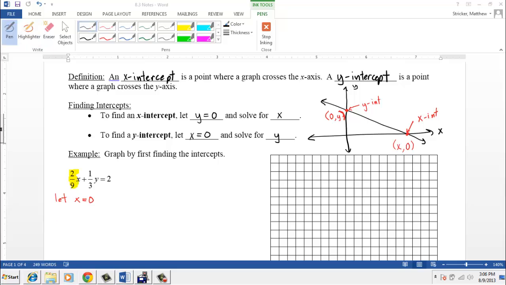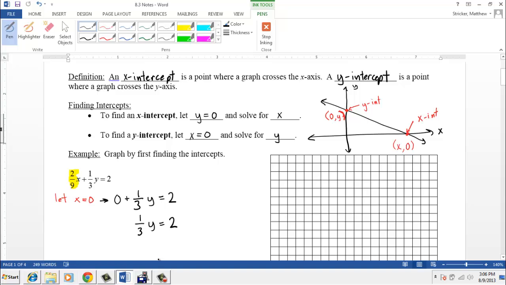So that means that my equation becomes 0 plus 1/3 y equals 2, which means 1/3 y equals 2.